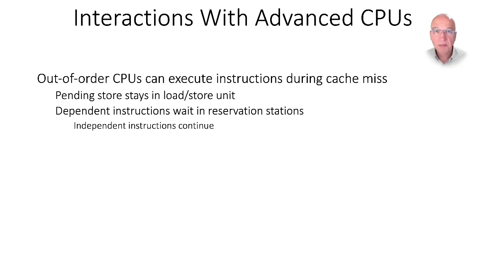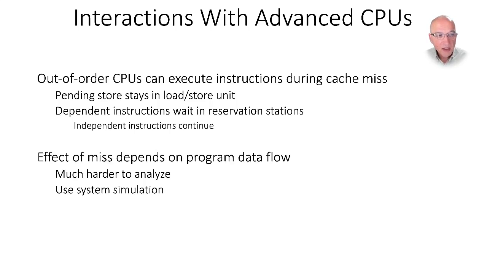The cache keeps accepting requests from the processor, and if you have the data in the cache, you can provide it to the processor while you are waiting for the miss. Pending stores stay in the load-store unit, and dependent instructions wait in the reservation stations. Independent instructions continue, so instructions that do not depend on the data that I missed in the cache can proceed with execution. The effect of a miss depends on the program data flow.